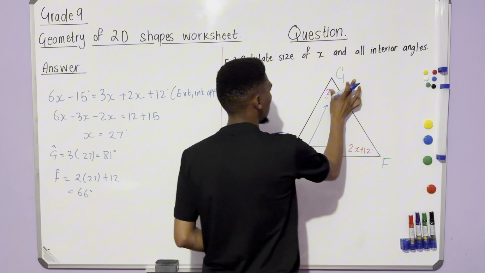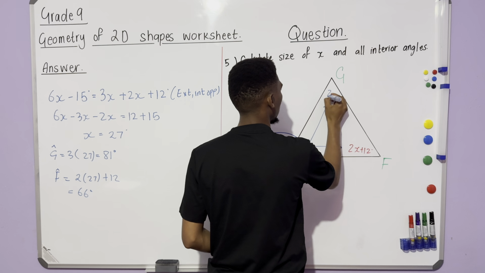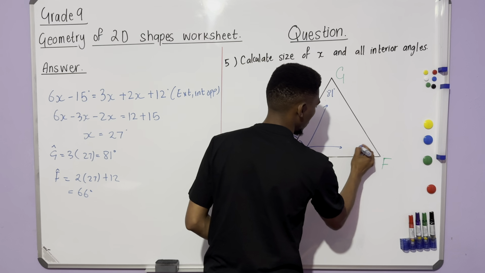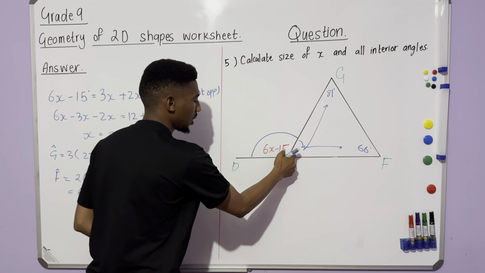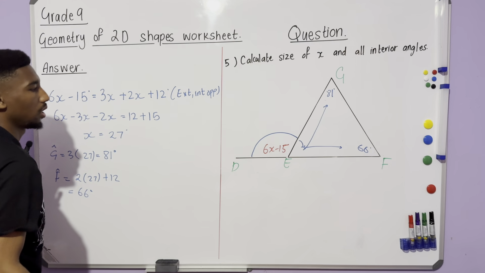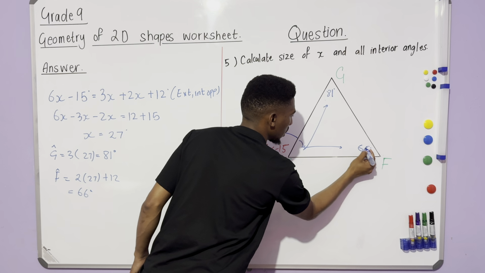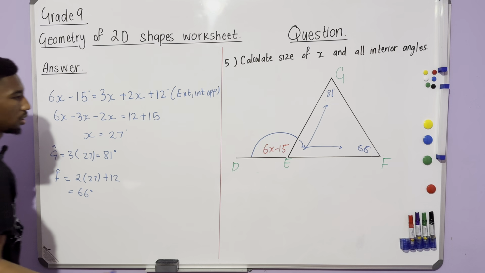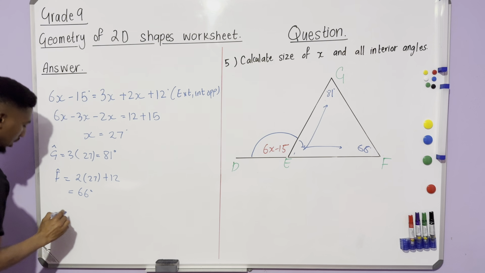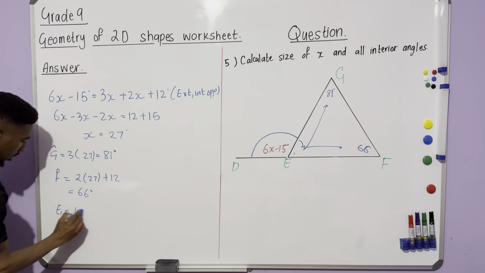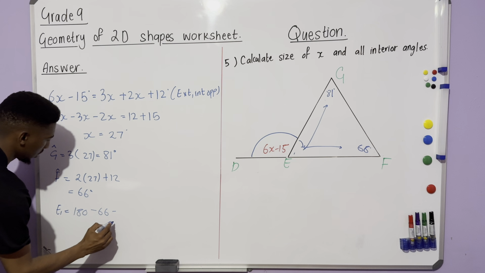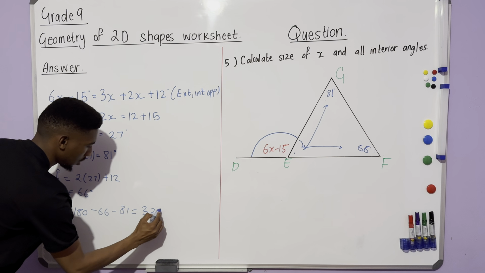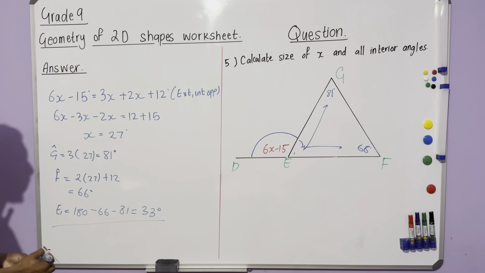So we can go ahead and replace this as 81, that as 66, and to find this angle, indicate it as E1. We can say that E1 is equal to 180 minus 66 minus 81, and that's equal to 33 degrees.